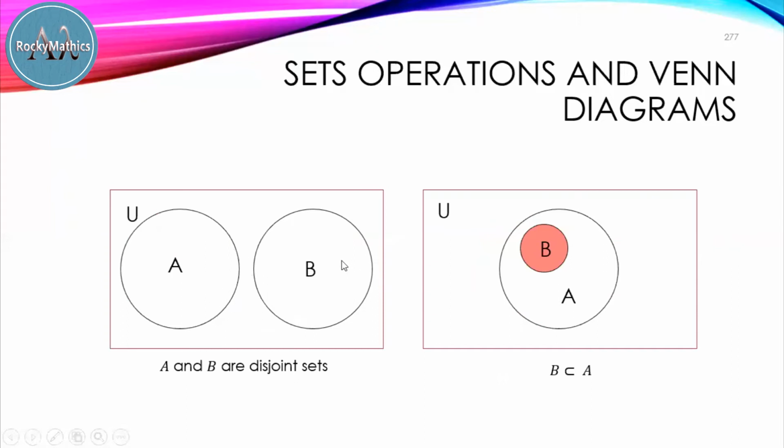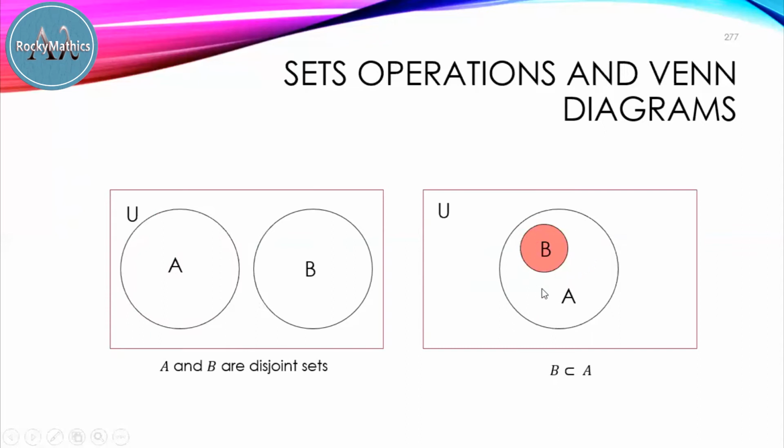Okay. Now, another example of a Venn diagram is this that consists of two non-overlapping sets. Let's say A and B. As you can see, the two sets do not overlap because this is an example of disjoint sets. So A and B are disjoint sets, meaning to say they have no intersection, or they have no similarities or commonalities. But in this example, we have set B, which is found in set A, right?